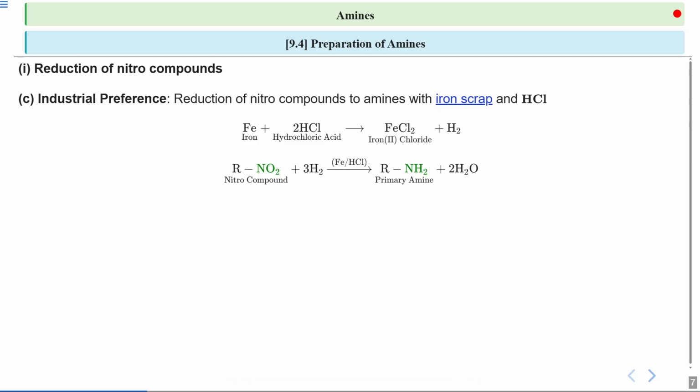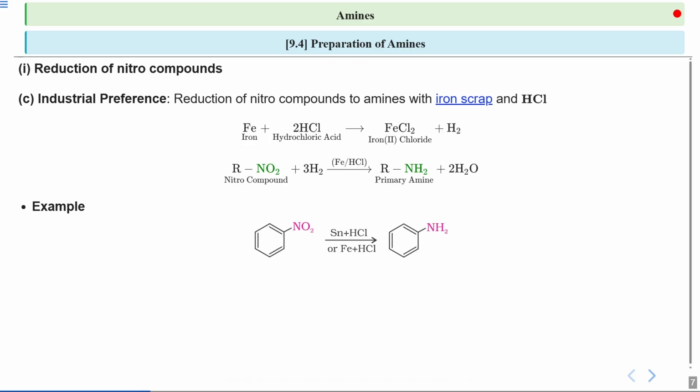Here this is a nitro compound, and here this is a primary amine. This shows us that the hydrogen gas produced in the previous reaction is used to convert the nitro group into an amine group. So this is the industrial preference.